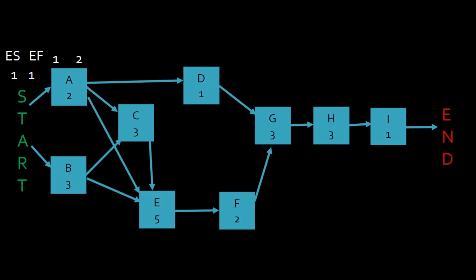Let's go to A, okay? The earliest A can start is day one because there's nothing stopping it from starting on day one. The earliest it can finish is at the end of business day two. That's all of day one and all of day two. That says the earliest I can start and the earliest I can finish task A is starting it on day one and finishing it on day two.